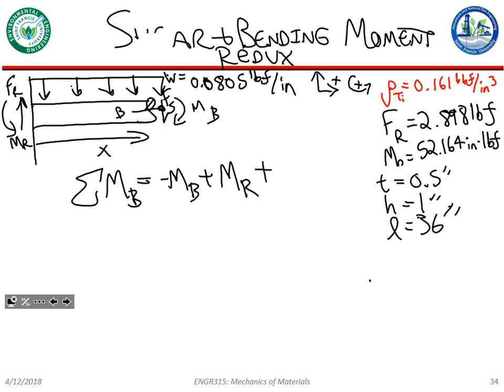And what's that? W. Does that have the correct units? Times what? Okay, so there's a lot of stuff going on here. If I go by X over 2, my units are what? No, just pounds, right?